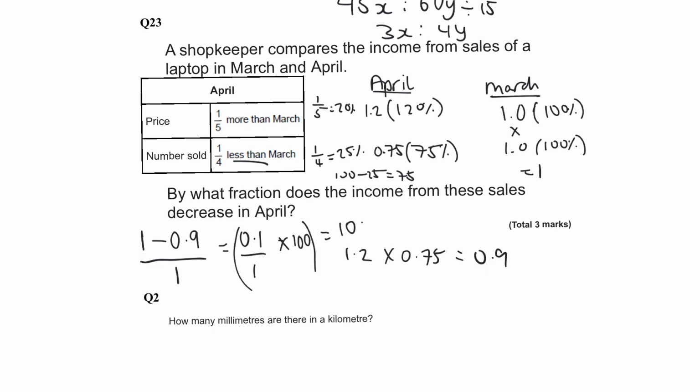Because it says by what fraction, remember, 10% as a fraction is 10 over 100, also known as 1 out of 10 if you divide both top and bottom by 10. So as a fraction, it's decreased by 1 out of 10.